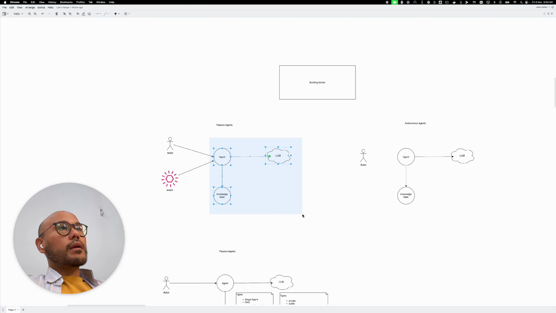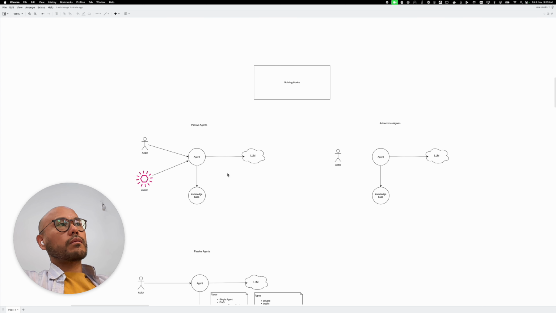In these 3 main building blocks we will have some options, a way to improve how the agent works, how the LLM works, and how the knowledge base works. But so far these are the main components and places to make changes and improvements.